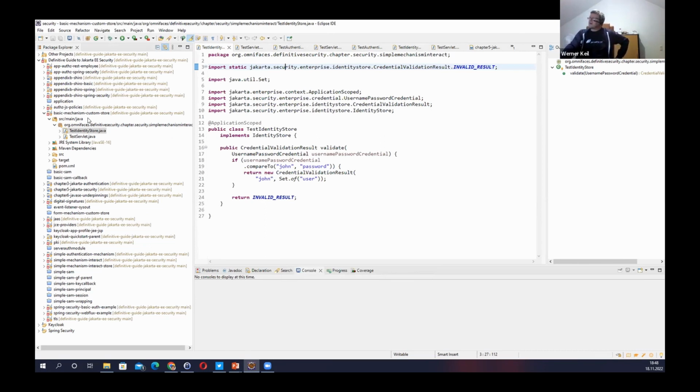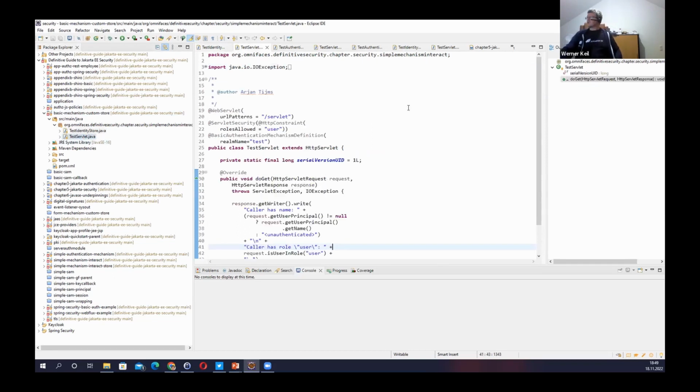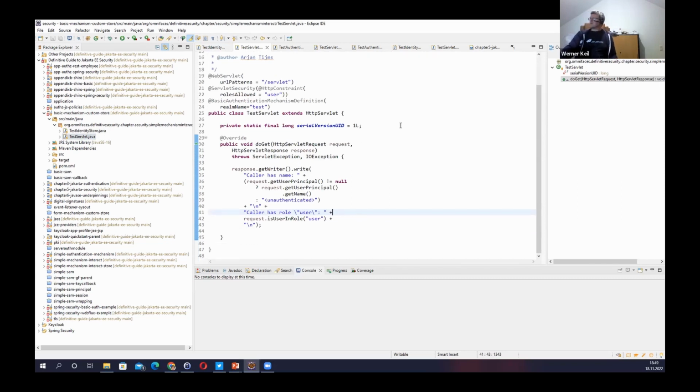So most of these examples are from our book. I will also mention it on the next slide, so you can check all of these out from GitHub and play with them. So here is an example for an identity store. And that's how to use it in a servlet.